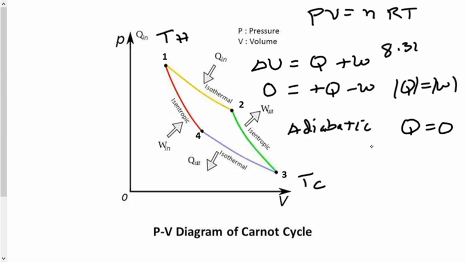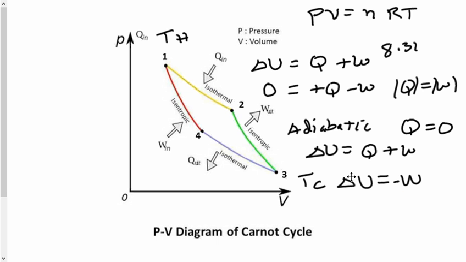Okay, so if heat flow is equal to 0, then we have delta U equal to Q plus W again. So delta U, the change in internal energy, has to be equivalent to whatever work is being done by the gas, and that's going to be a negative.